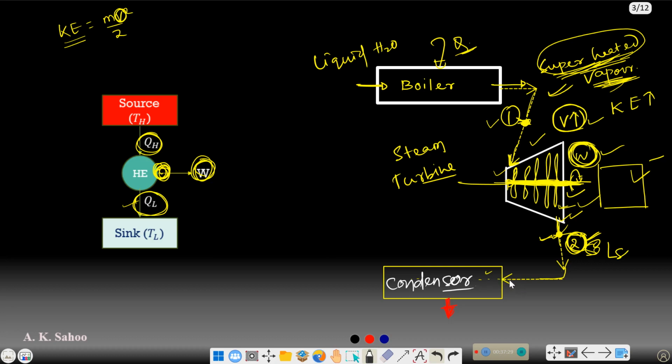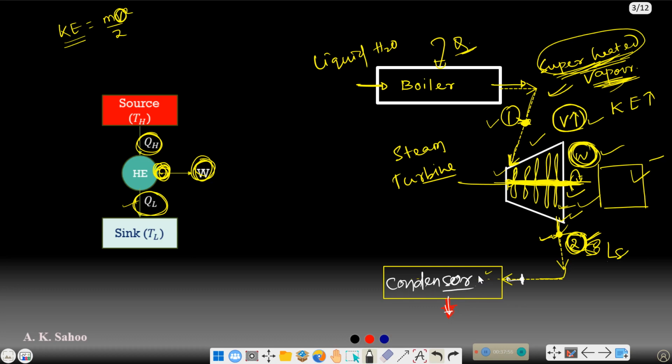Now what I'm saying is that at the inlet, the steam has lost the energy. The steam has less energy with it. Now if I'm sending it through any device which will be extracting heat from this steam, then this steam, which was previously in the form of vapor, will obviously try to condense.